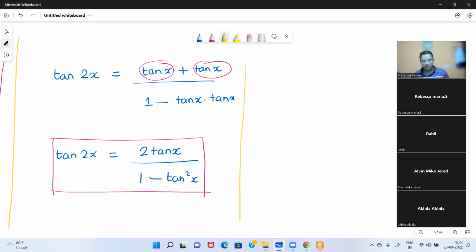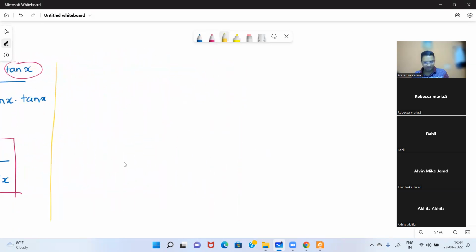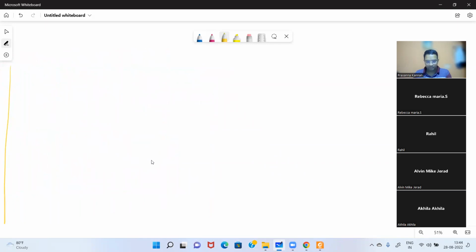Right. Now we will look at the 3x formula. Suppose I want to do sin 3x. Can I write it as sin of 2x plus x? Yes, sir. So is it not like sin of x plus y? What is the formula for sin of x plus y?